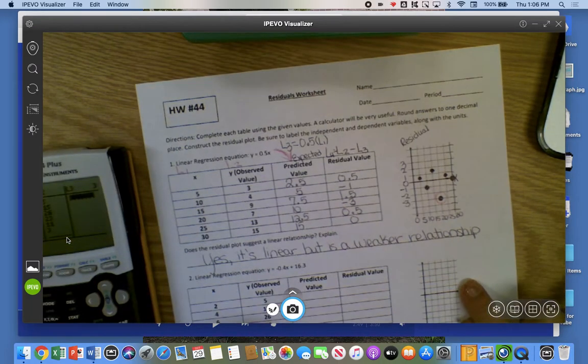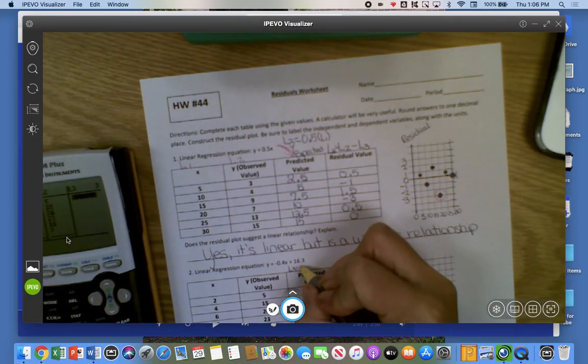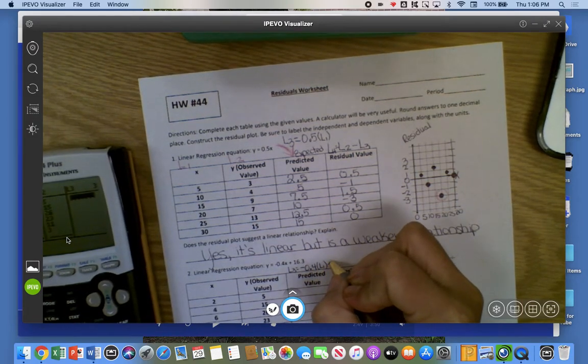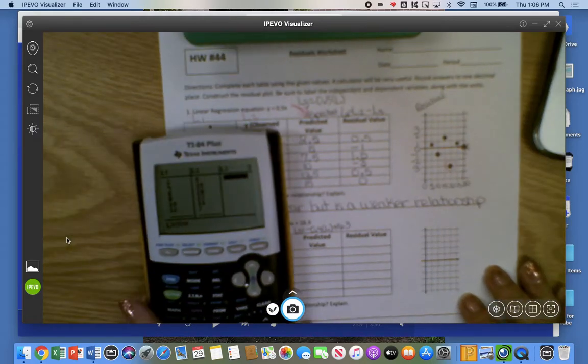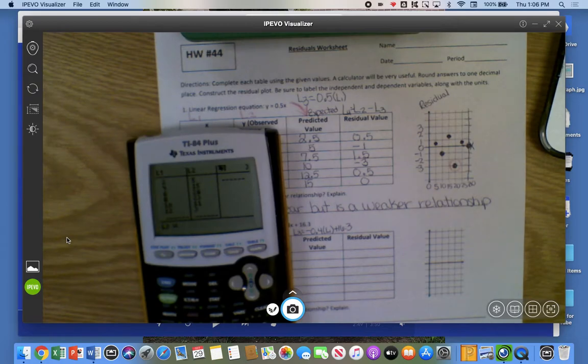For this one, our predicted value for L3, we want to say negative 0.4 times X from L1, plus 16.3. That's what we're going to plug in. So we type in L3, highlight it, negative.